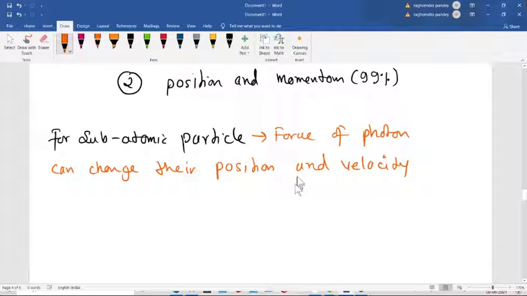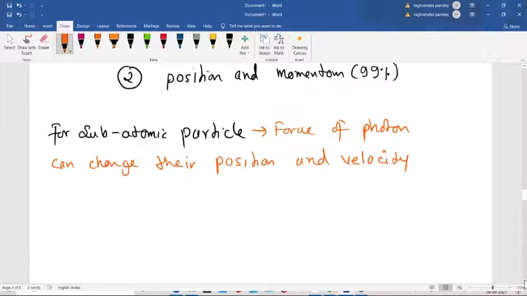I told you that in the photoelectric effect, photons eject the electrons out of the metal. If there is sufficient energy of the photon, it ejects the electron. So that is the problem. This is the major problem while observing the position and the velocity.